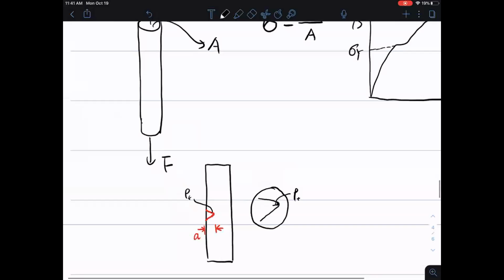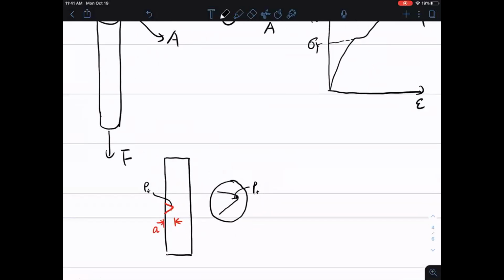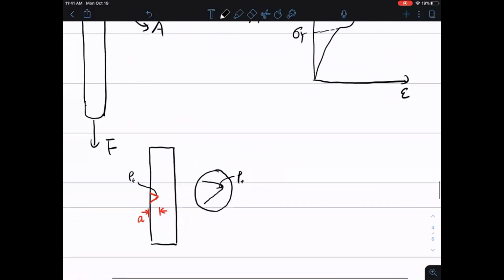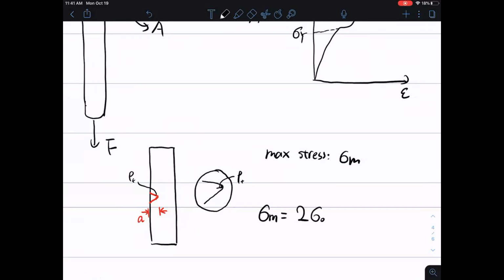So if you have stress in your material, we have a new equation here to calculate the maximum stress. Maximum stress sigma m equals 2 times sigma naught times the square root of A divided by rho t.